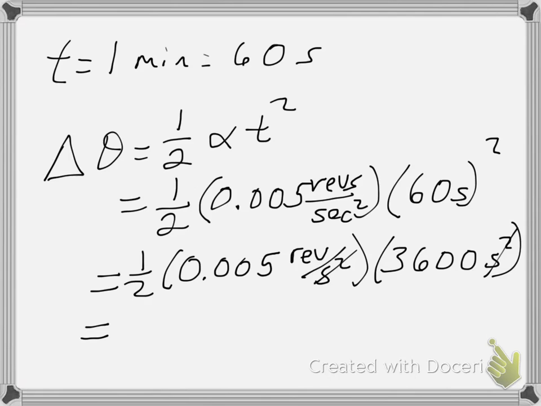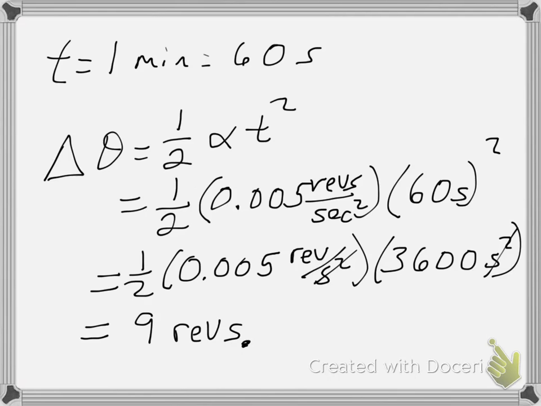If you run this through your calculator, half of 3600 is going to be 1800, and multiplying by 0.005 is like multiplying by a half and then dividing by 100. So half of 3600 is 1800, another half of that is 900, and then you divide that by another 100 and you come up with 9 revolutions.